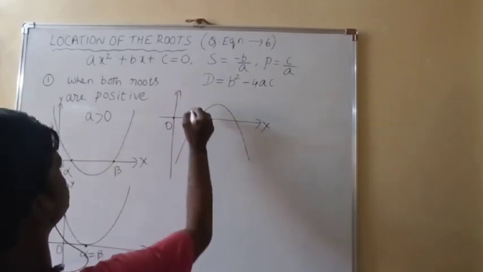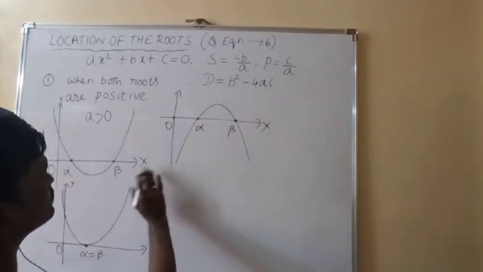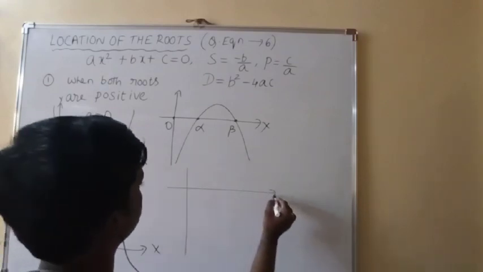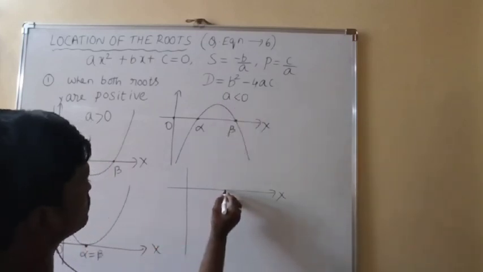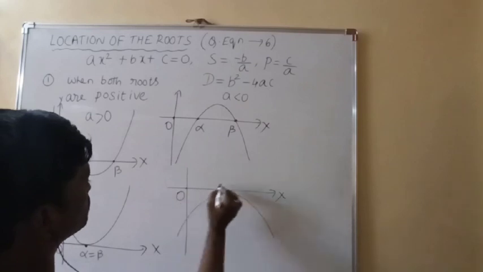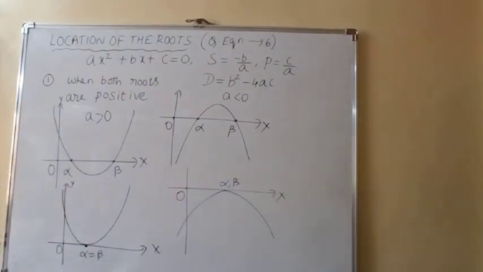See here, alpha, beta, or you may have it like this also. If you observe, in all 4 cases the roots are what? Positive. Both the roots of the quadratic are positive. So now I am going to write the conditions.